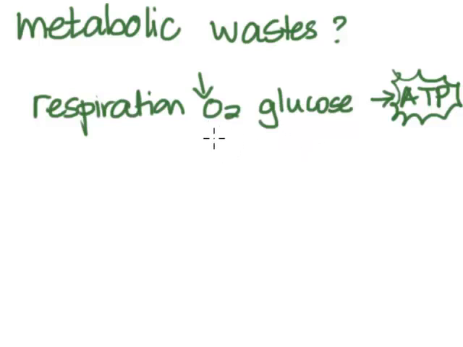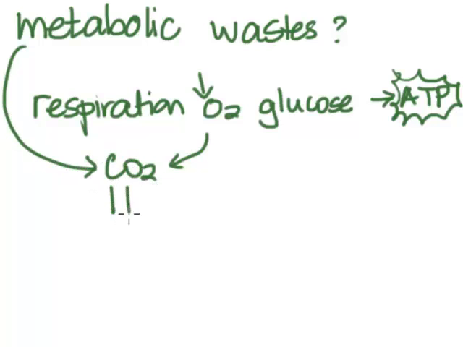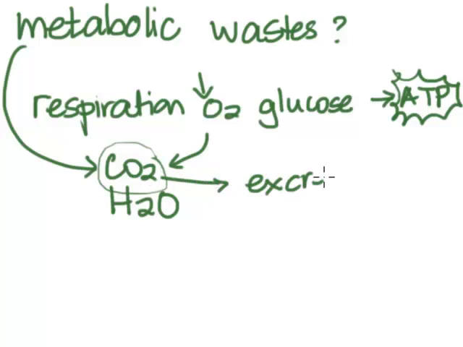But as a result of this process of producing ATP, we produced metabolic wastes, carbon dioxide and water. And in particular, the carbon dioxide levels in your body cannot get too high. This substance needs to be excreted. It needs to be taken out of the body.